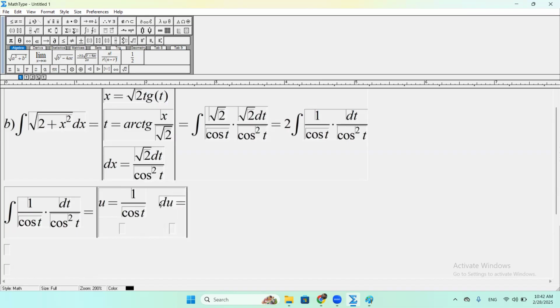du equals, let me calculate, minus 1 over cosine square of t times minus sine, so tangent of t over cosine of t dt, if I'm not losing anything.